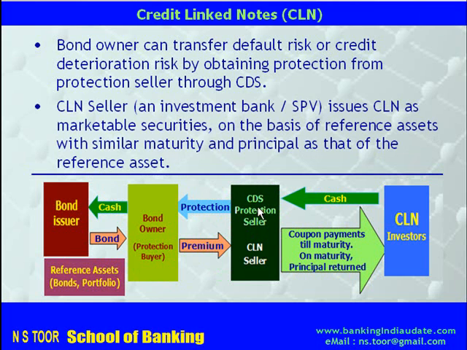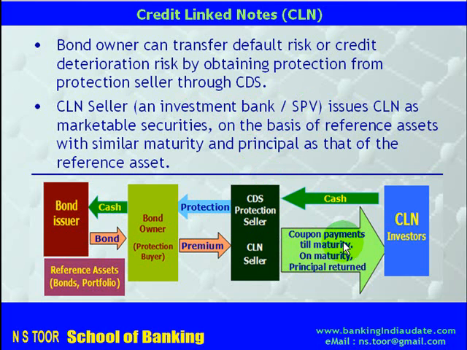Now this protection seller, who is the CLN issuer or CLN seller also, is primarily an investment bank, also known as a special purpose vehicle. So this entity issues CLN, credit linked note, as a marketable security.